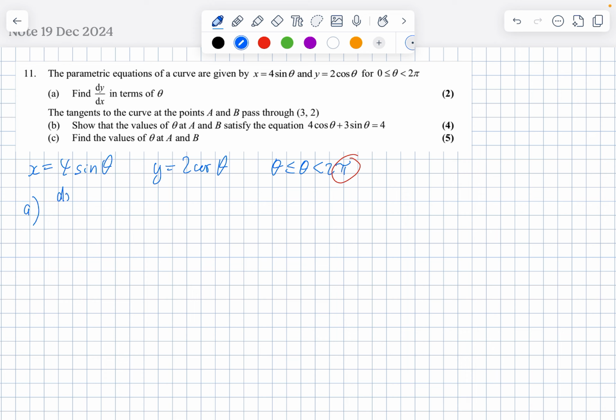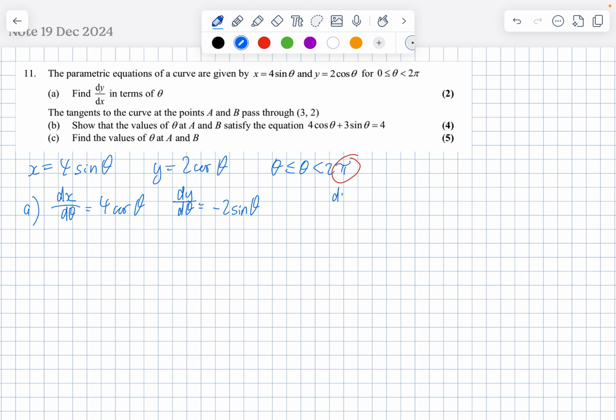Well, dx by d theta is 4 cos theta. dy by d theta is minus 2 sine theta.